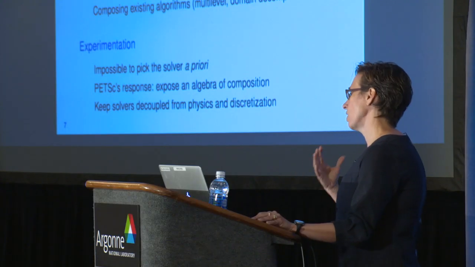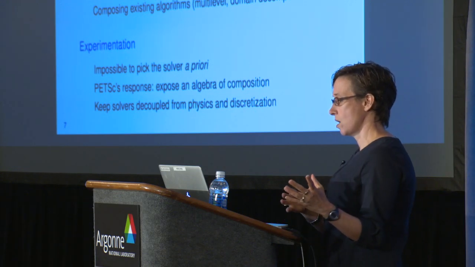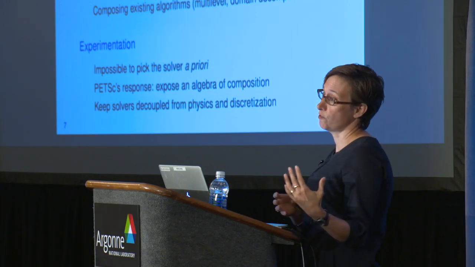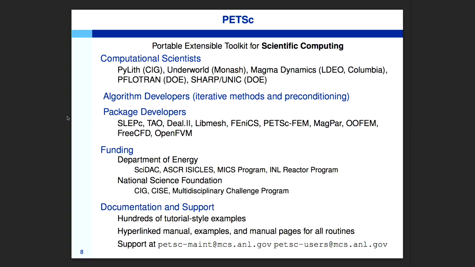So the solvers are designed to be considered in some senses decoupled from the physics and discretization. So you can use whatever mesh management and discretization infrastructure you would like to use, and you'll hear about some of those from our collaborators in FastMath this afternoon, and then you can interface to PETSc for the solver aspects of what you're doing.